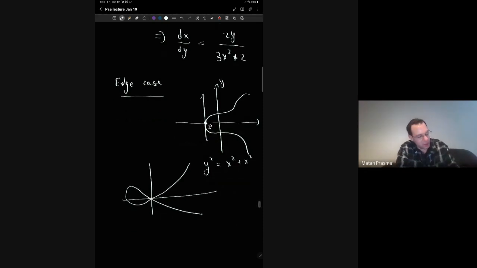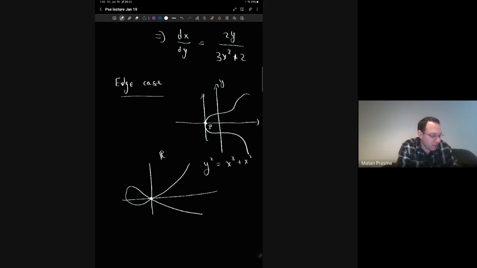So you see, in this curve over the real numbers, we would like to say that there is no well-defined tangent line, or even well-defined derivative at the origin.